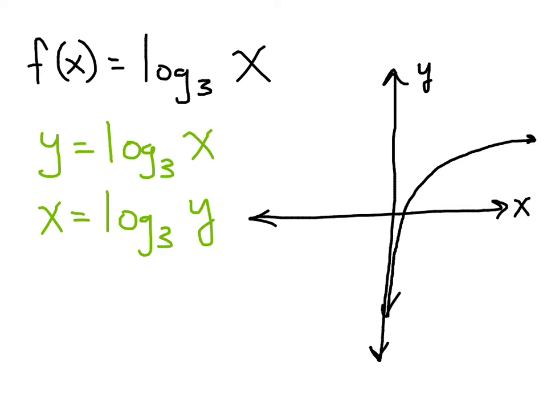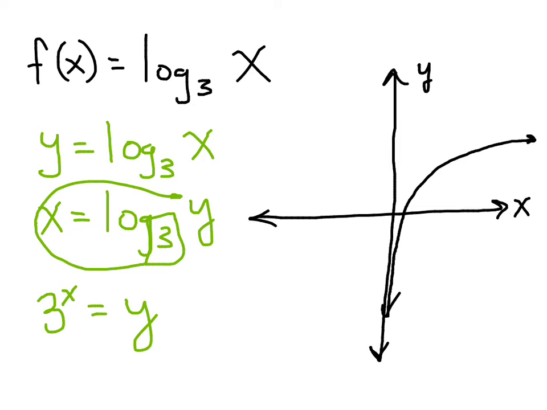Step 3, solve for y. In order to do a log, you need to convert it back into an exponential. So what is the base number? 3 raised to the x equals y. So 3 to the x equals y. You just found the inverse.